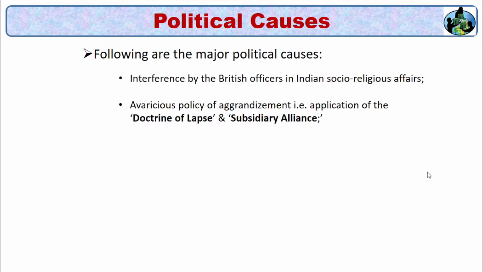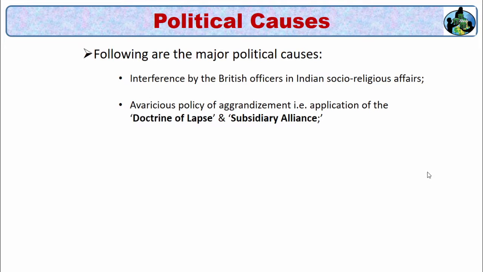They were to be protected by the company but had to pay for the subsidiary forces that the company was supposed to maintain for the purpose of this protection. However, if the Indian rulers failed to make the payment, then part of their territory was taken away as penalty. For example, the ruler of Awadh was forced to give over half of his territory to the company.